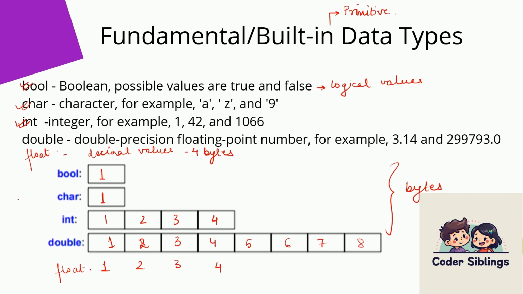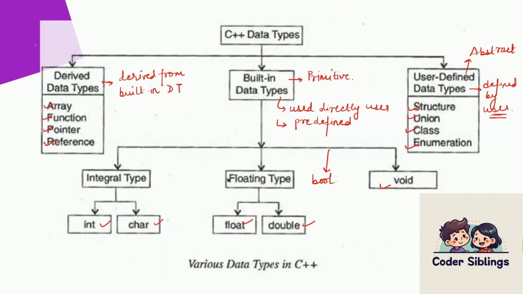There was also another type mentioned in the flow chart that we saw, which was void here, right? So void means without a value. So void data type represents an entity which has no value.